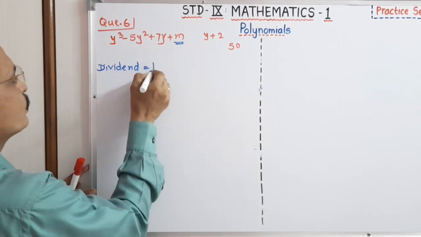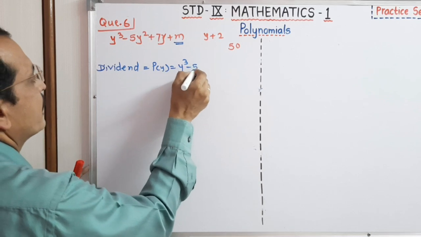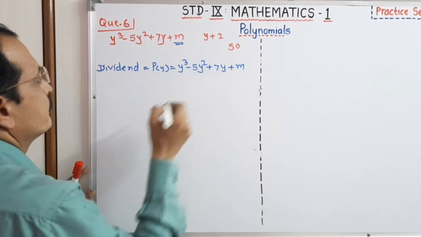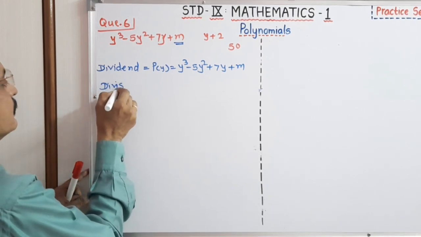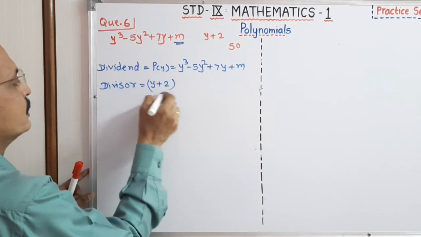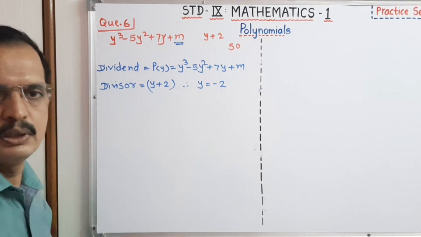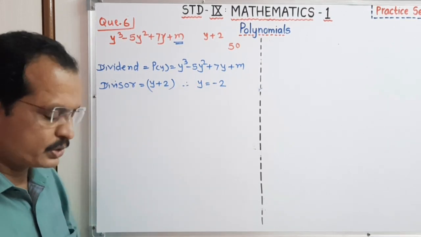Dividend is equal to Py is equal to y cube minus 5y square plus 7y plus n. What is the divisor? Divisor is equal to y plus 2. Therefore y is equal to minus 2. Here y plus 2 is given and y is equal to minus 2.